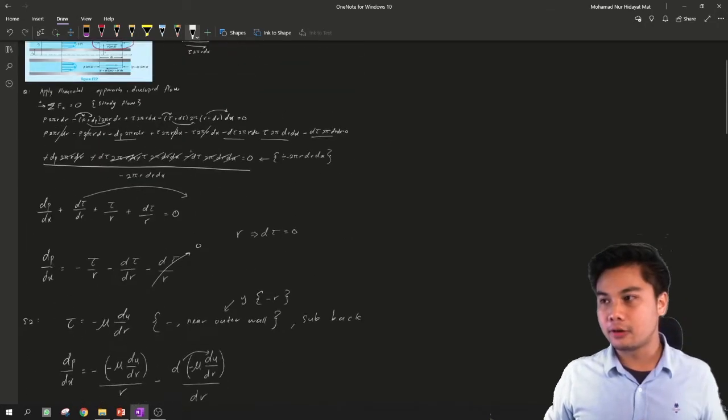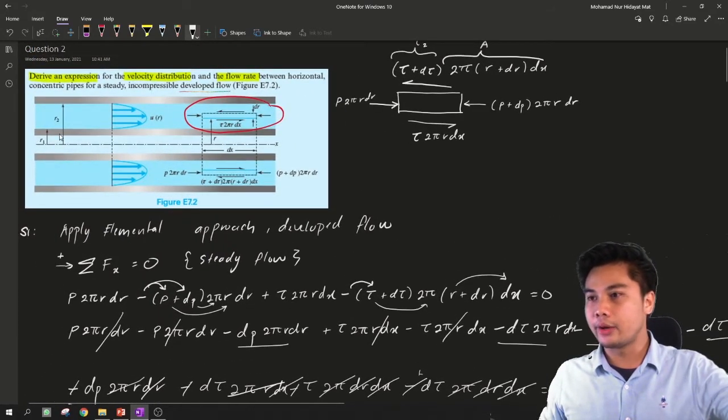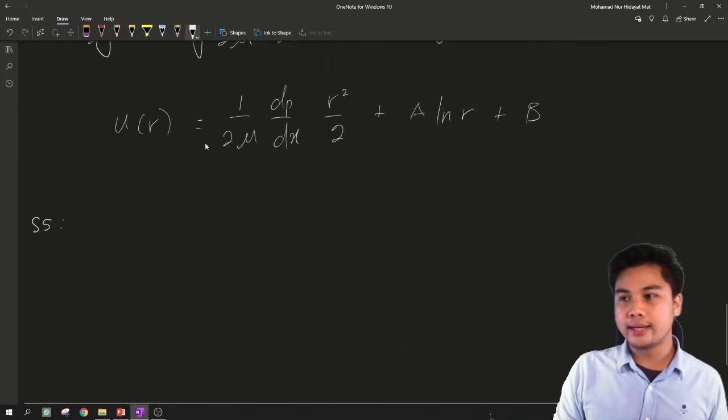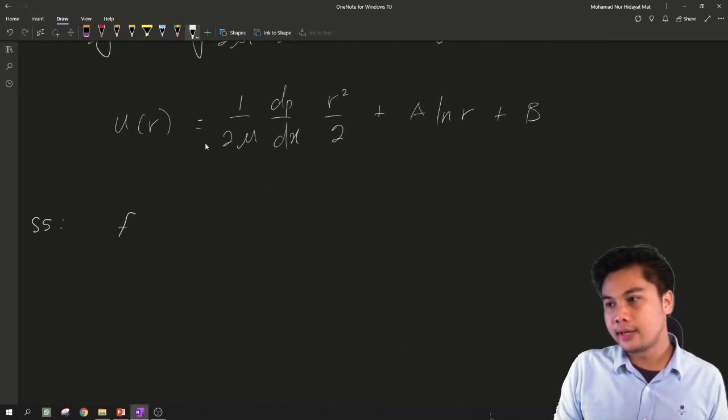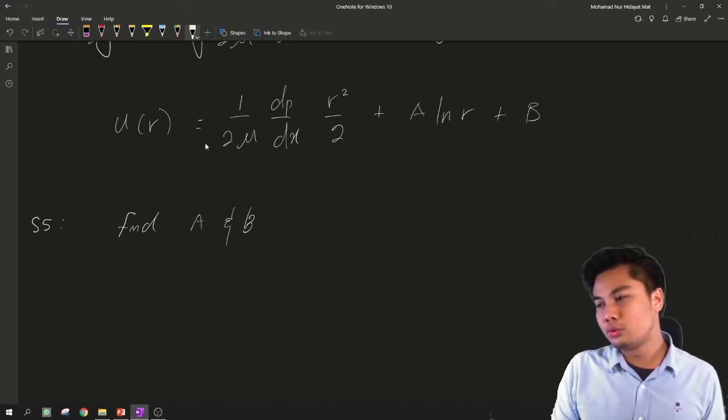You can see here from the definition, when r equals r1, u equals 0. When r equals r2, u equals 0 as well. So we have two conditions in order to get a and b.